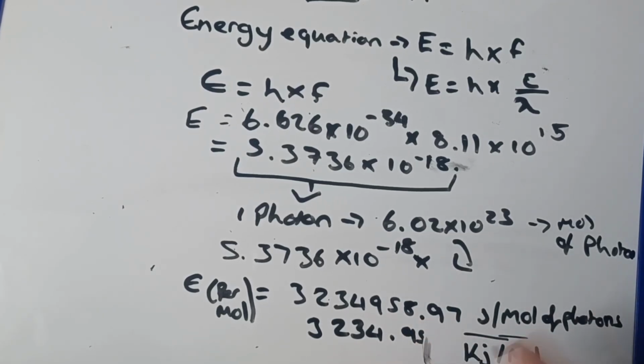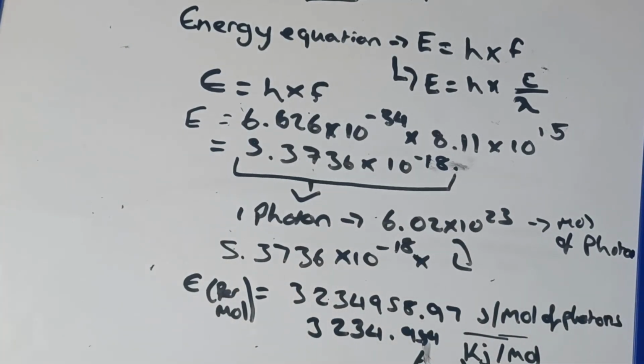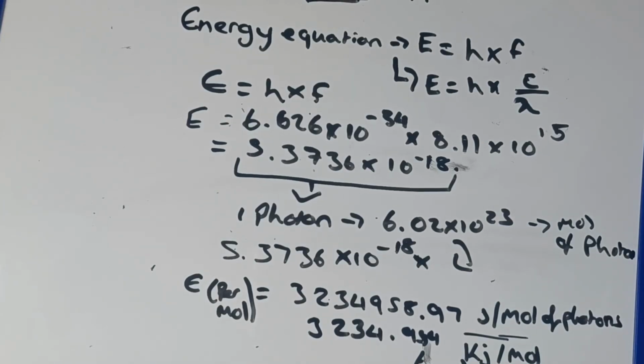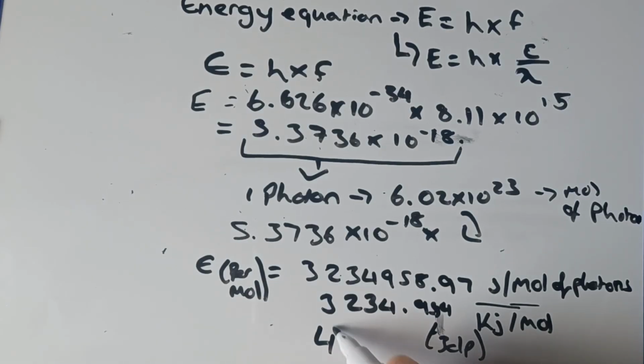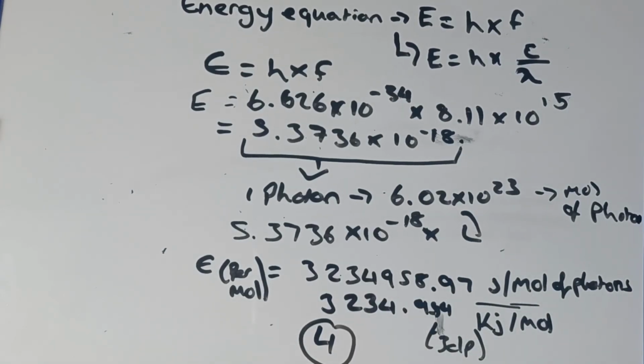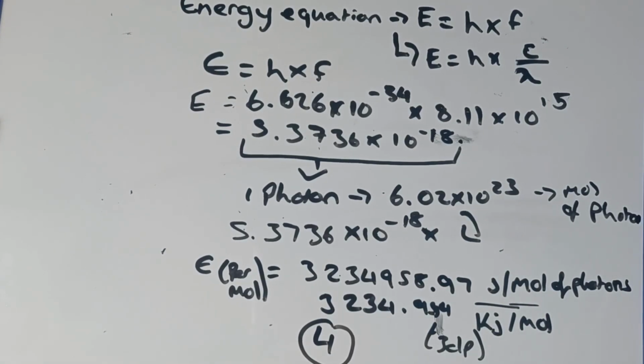We'll go 959 to 3 dp. 3,234.959 kilojoules per mole. And that gives you 4 marks for everything that we've just done there.